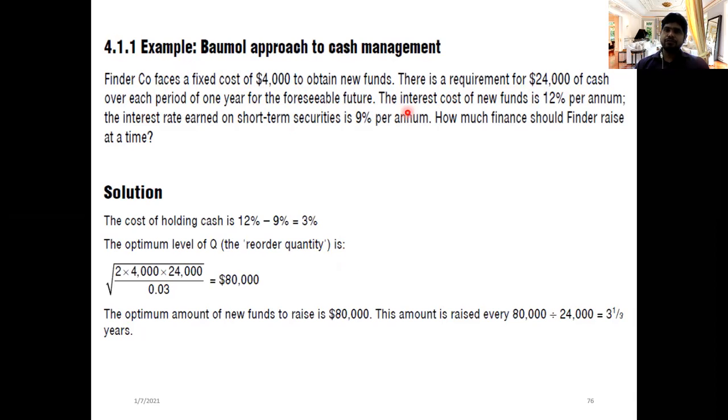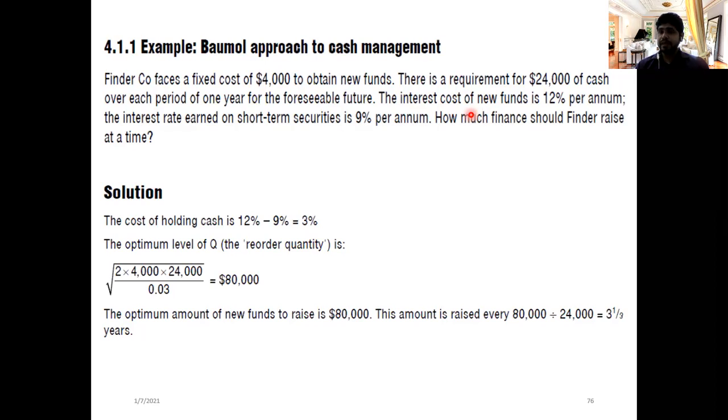The interest cost of new funds is 12% per annum. The interest rate earned on short-term securities is 9%. Sorry, here the interest cost means if you want money and get an overdraft in a bank, the bank will charge you 12% per annum.